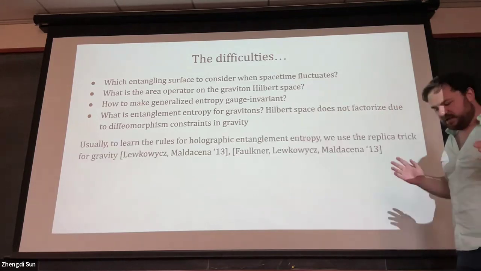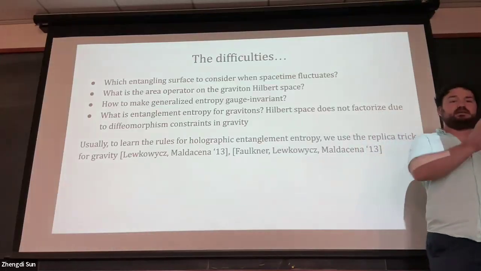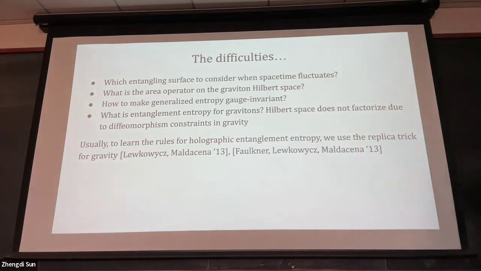Okay, so usually the way we learn these rules, we want to compute generalized entropy and relate it to CFT entanglement, is we use the gravitational replica trick, which was taught to us by Lewkowycz and Maldacena, and then quantum corrections were developed by Faulkner, Lewkowycz, and Maldacena. And basically, you do the replica trick on the boundary to compute entanglement entropy, and then there's a corresponding bulk replica trick, and that teaches you the rules of how to compute this.